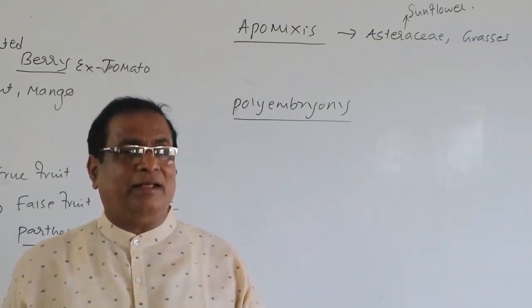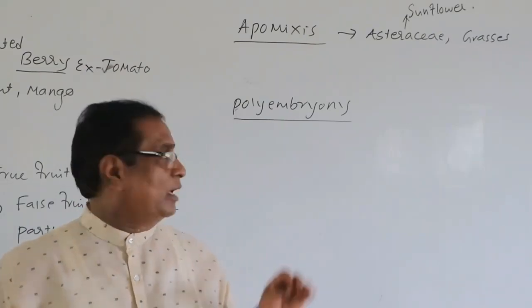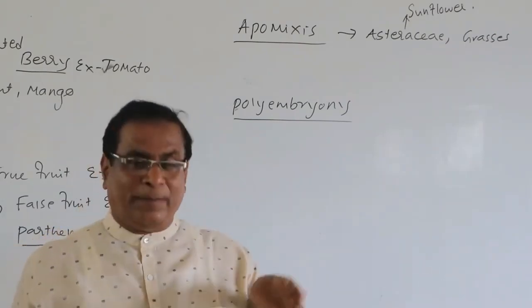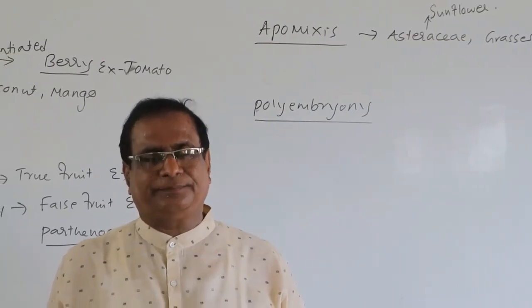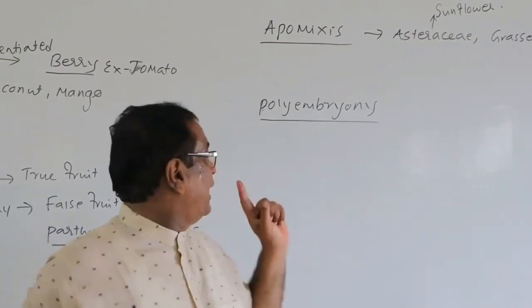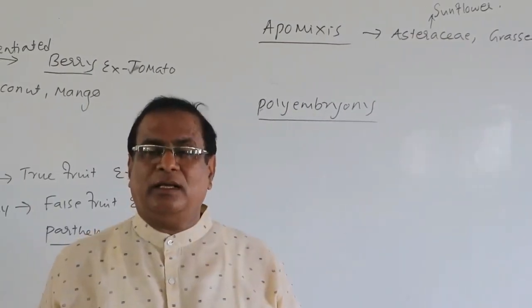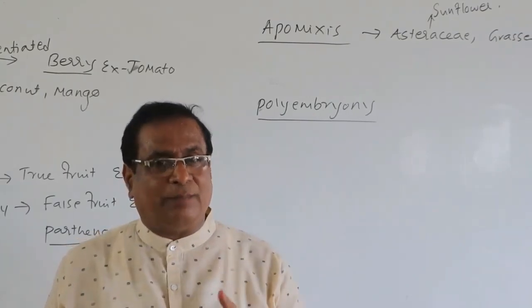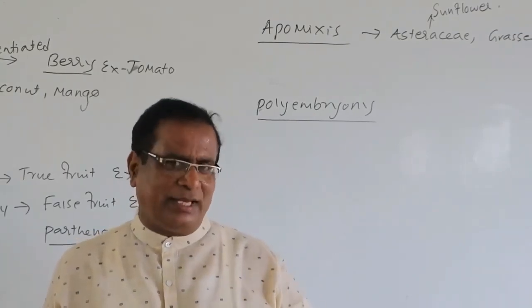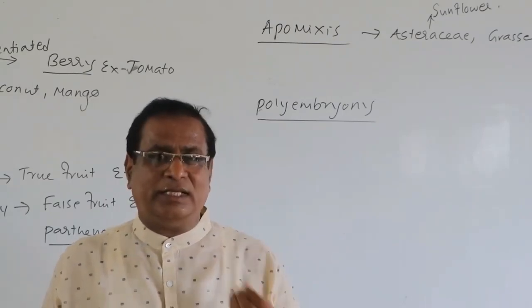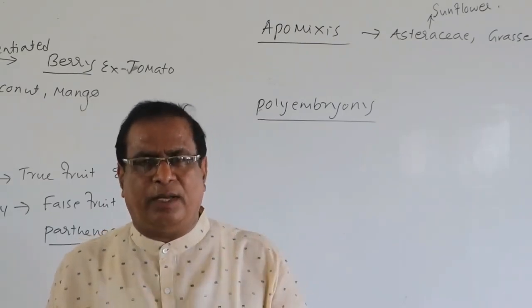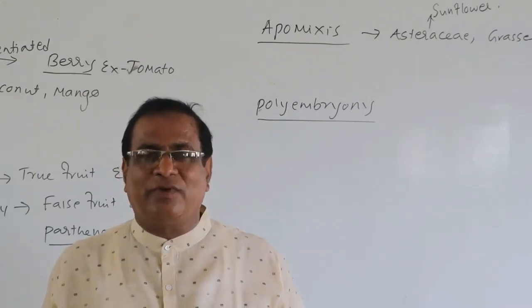That is another way of the formation of apomictic seeds. Apomixis is a type of asexual reproduction. But it looks like sexual reproduction as well, because here seeds are there. They are formed without fertilization.